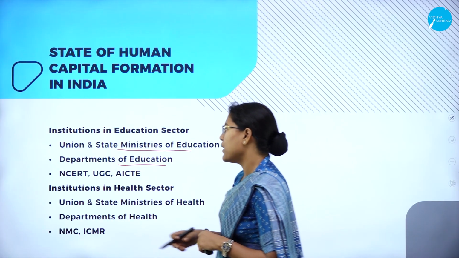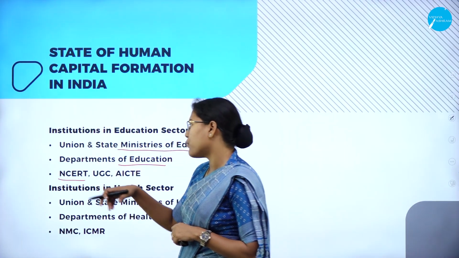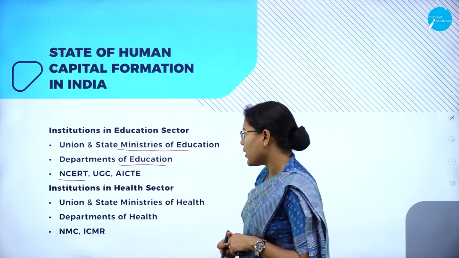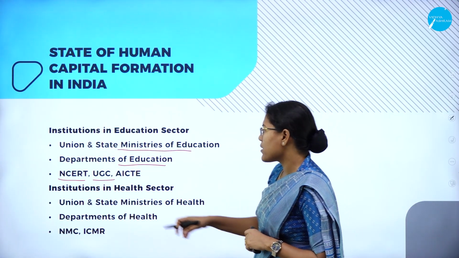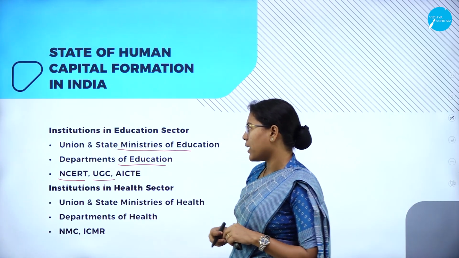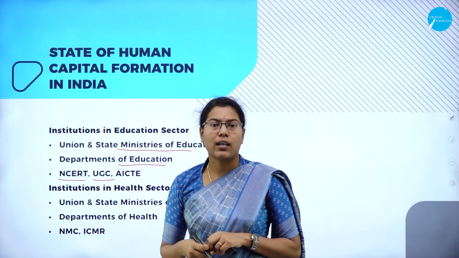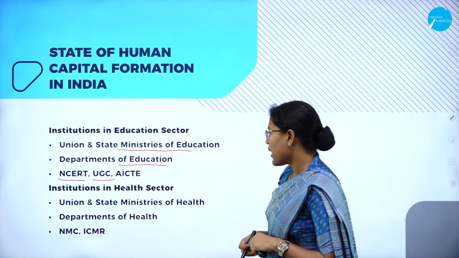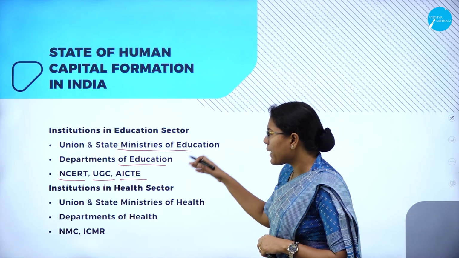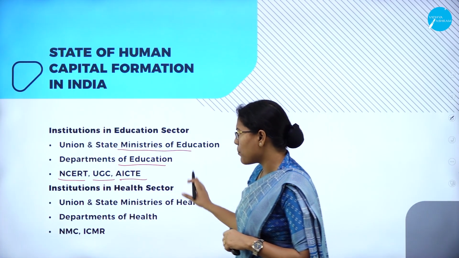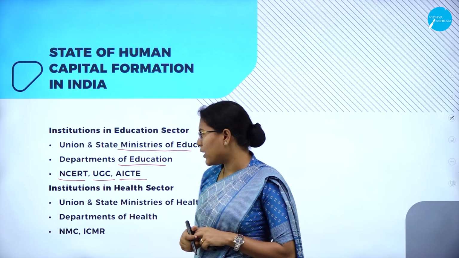For example, NCERT, the National Council for Education, Research and Training; UGC, the University Grants Commission, which takes care of graduation and post-graduation programs; and AICTE, the All India Council for Technical Education. So these are the departments of education we have in India.